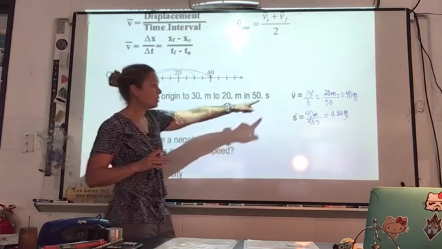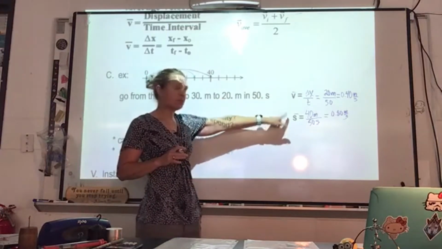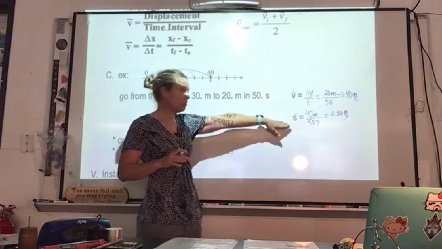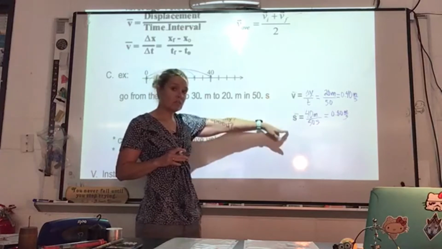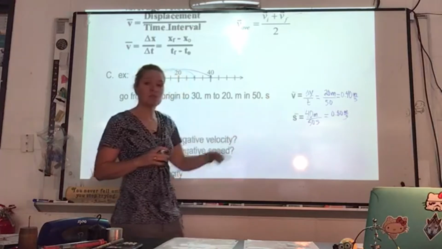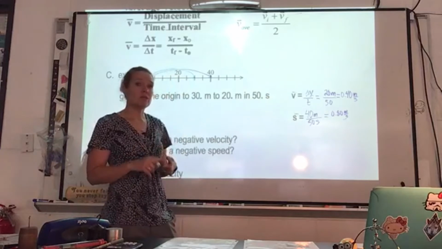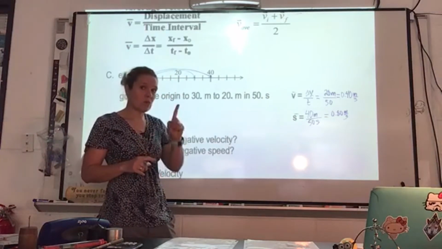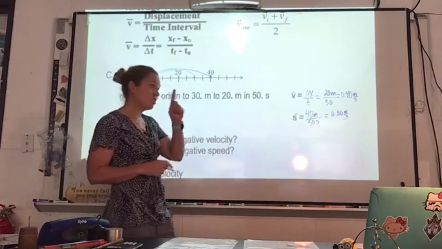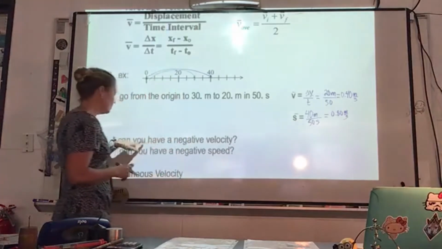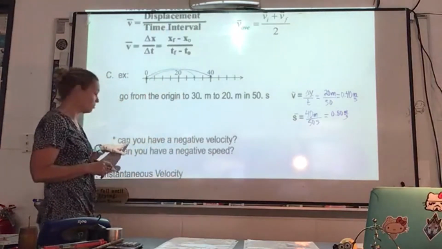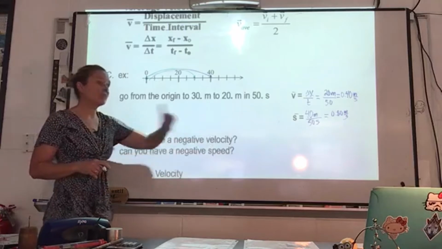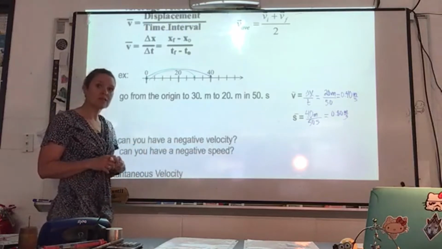So the answer is, to make your velocity and your speed the same, you have to have the same displacement. To have the same displacement means you have to travel in a straight line. That's number one. It isn't completely full because, what about this question right here? Can you have a negative velocity? Yes.